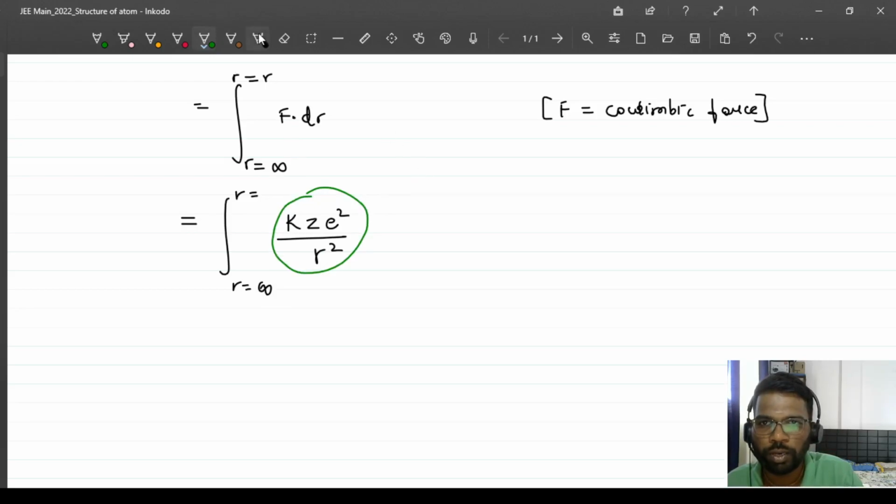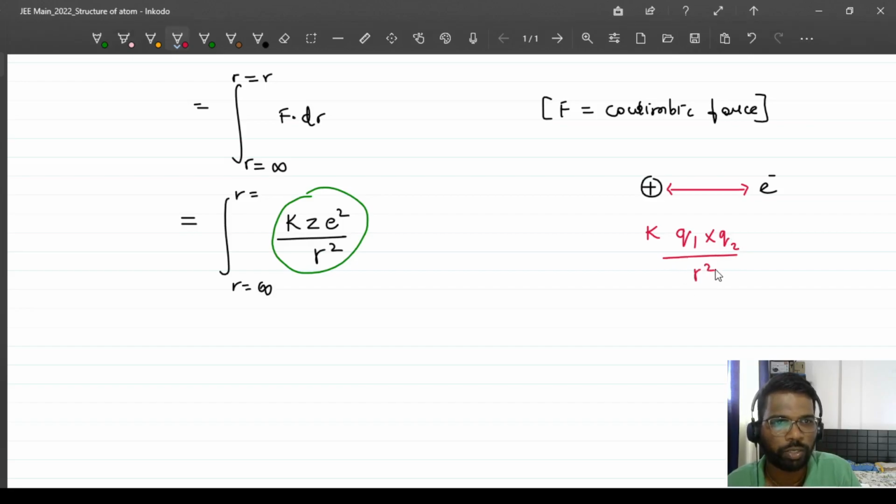The force is between the nucleus, which has a positive charge, and the electron. This force is given as k multiplied by q1 multiplied by q2 divided by r square.